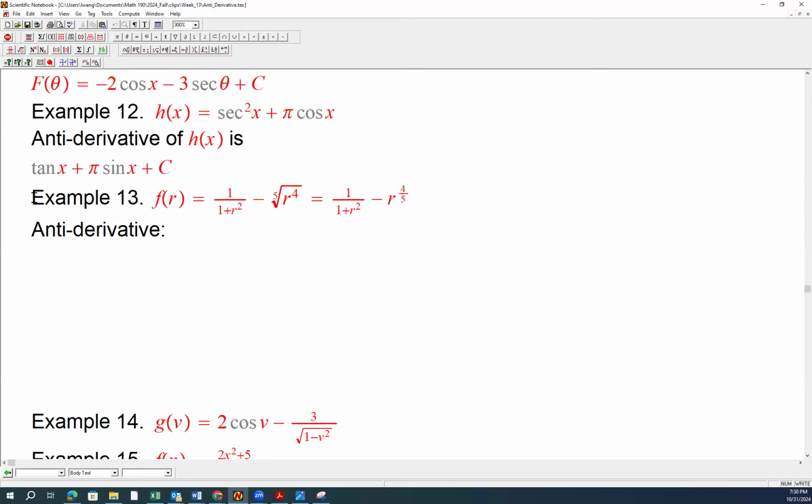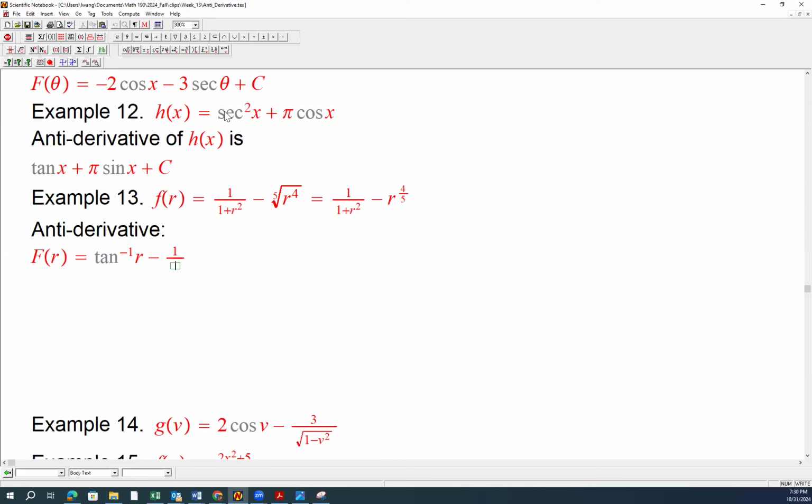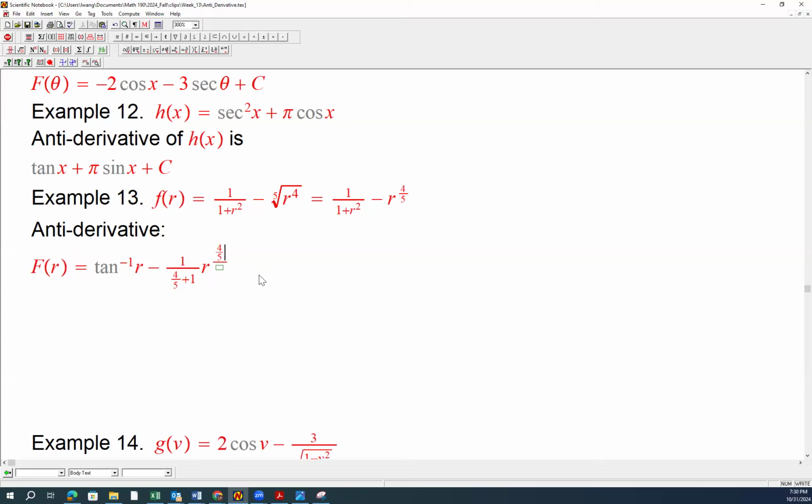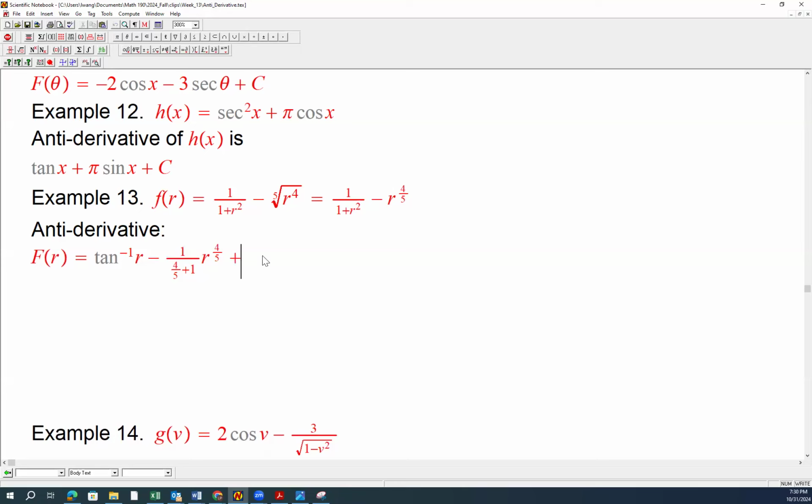Okay, so the antiderivative would be capital F of r equals, right? So we get arctangent of r subtracting. So we're going to use the power rule for this piece. That's going to be 1 over 4/5 plus 1, r raised to the power of 4/5, plus that big constant.